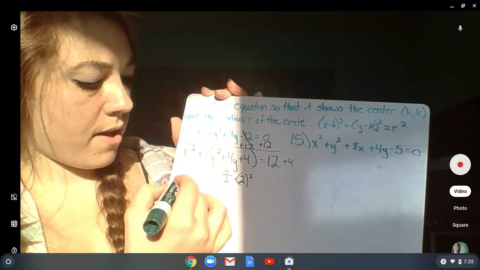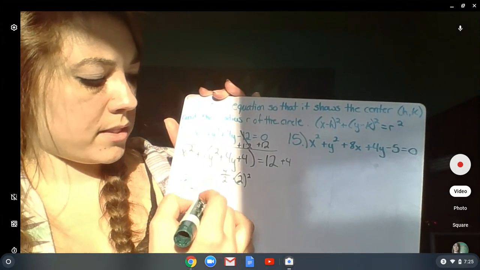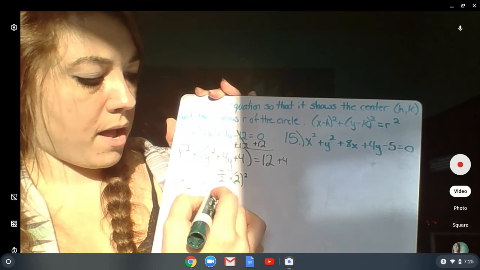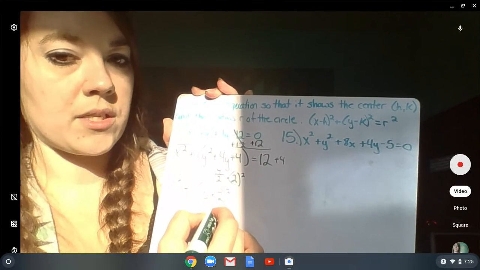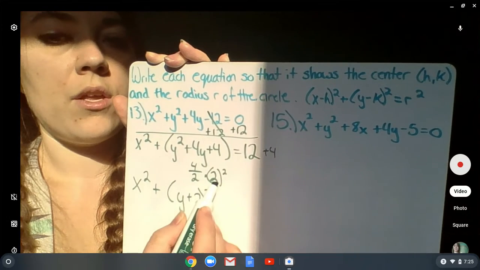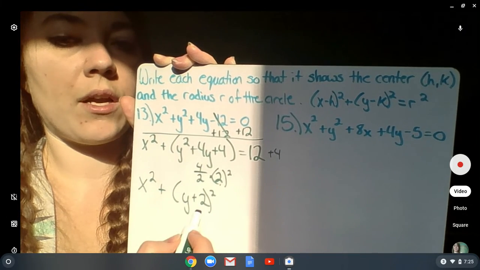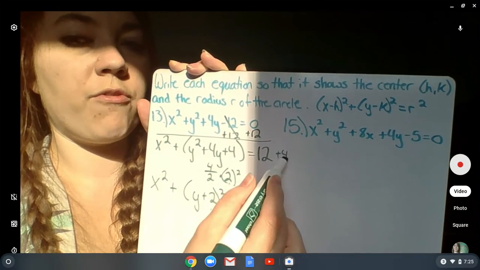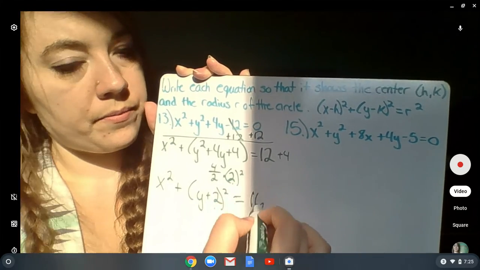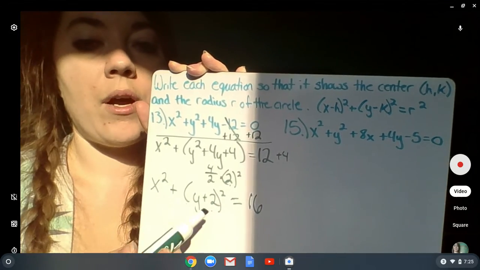So now we have x squared plus, we need to factor this, (y plus 2) squared. Remember, whatever this value is is what's going to go right here. And then equals 12 plus 4 is 16. We know what the center is.